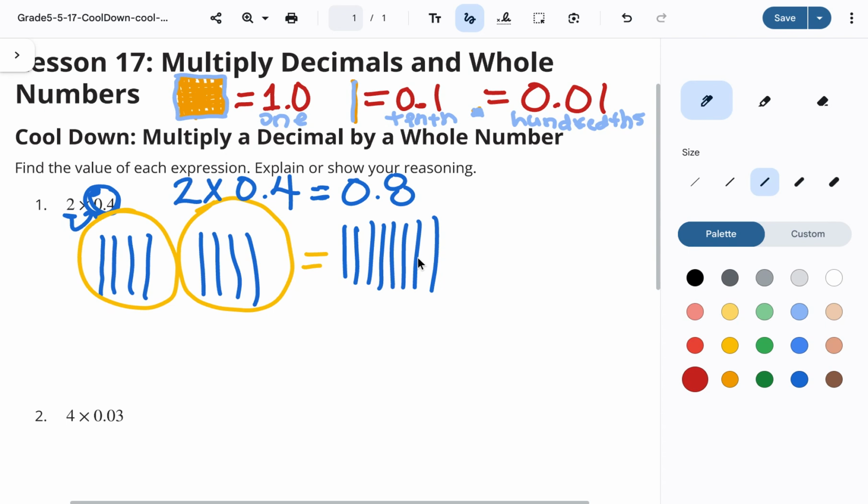So let's go ahead and underneath this, let's just write an example of how we might explain this.